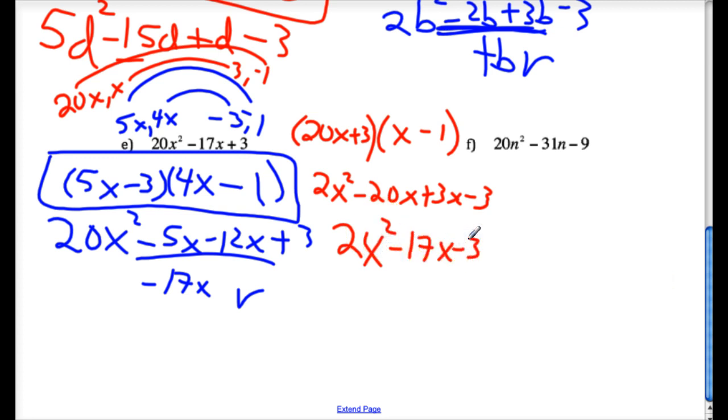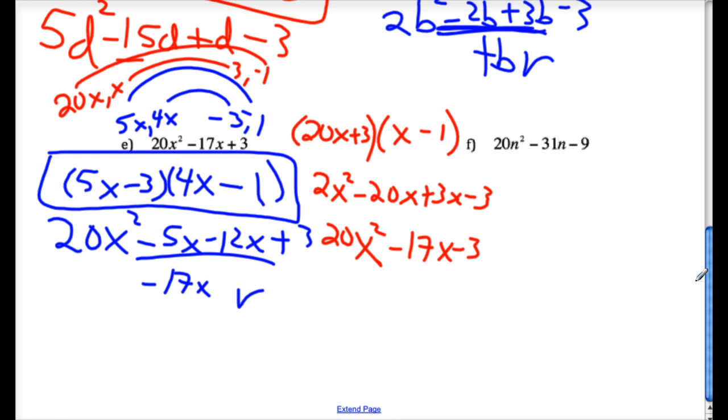Is that the problem? 20x squared. Okay, was that the original problem? Yeah. Are you blind? Oh, plus 3. It doesn't work.